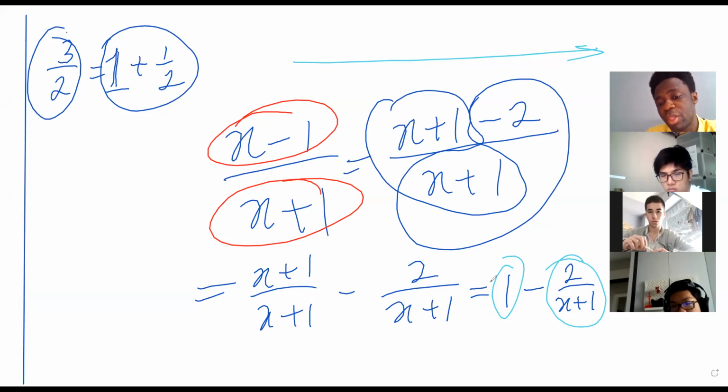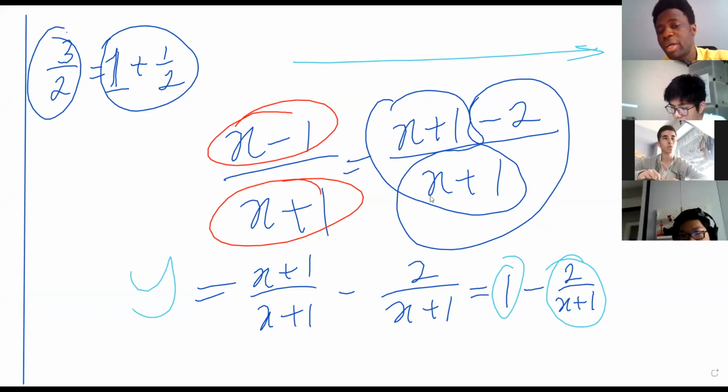So it means y tends towards 1, because this tends towards 0. That is why this is our horizontal asymptote. Understand? So that is the idea of the improper fraction. In your worksheet, I call that an improper fraction of the form quadratic divided by linear.